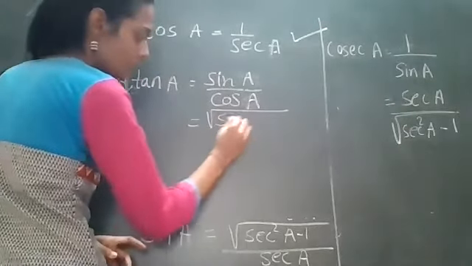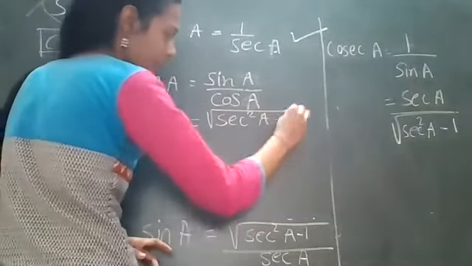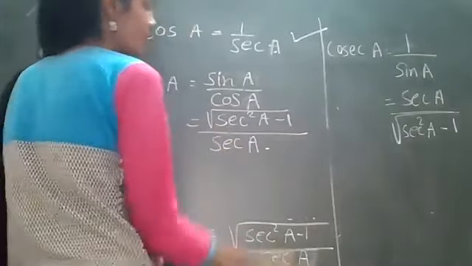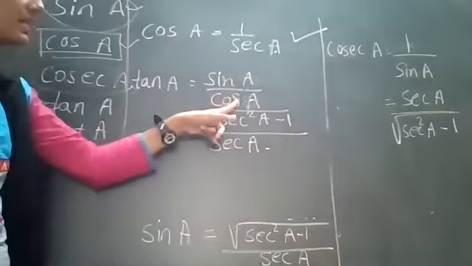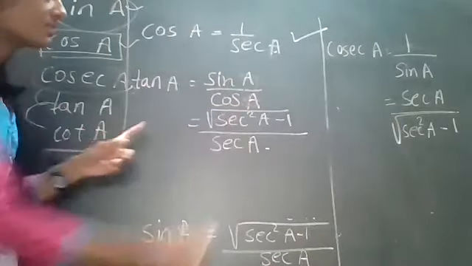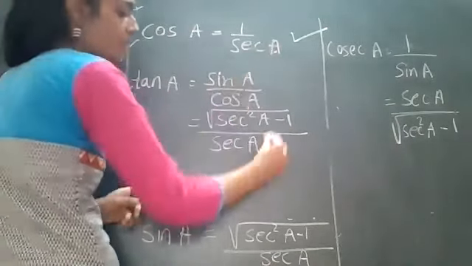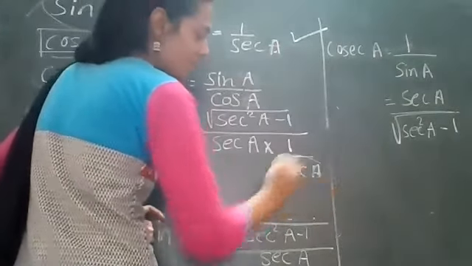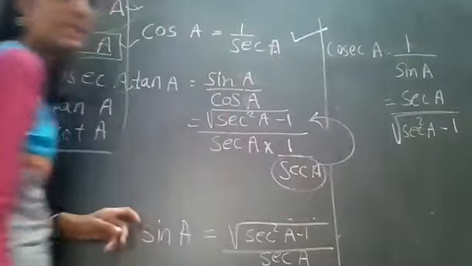Sine A is equal to under root of sec square A minus 1 upon sec A, into the value of cos A, which is 1 upon sec A. So the sec A goes to the upper side in the multiplication.